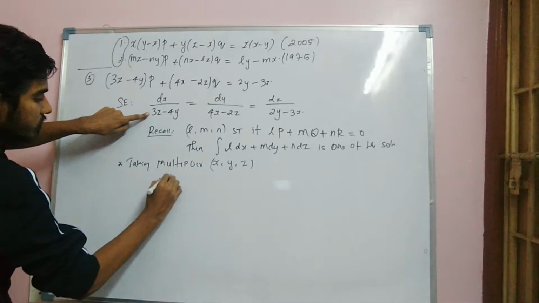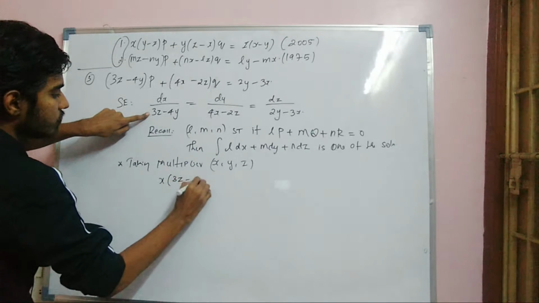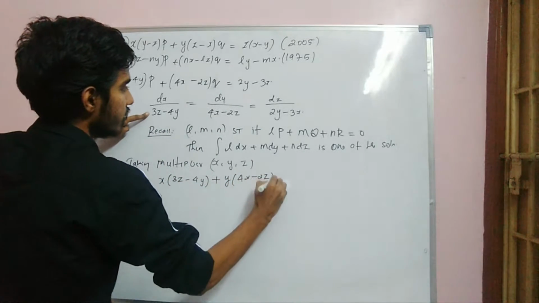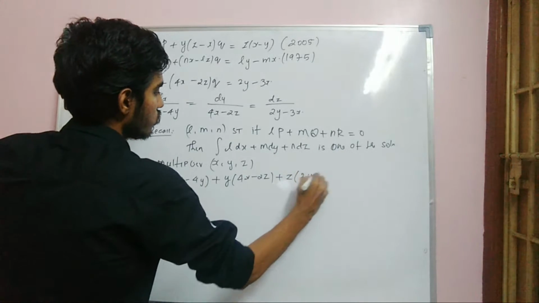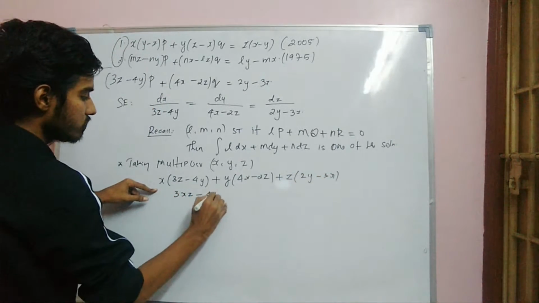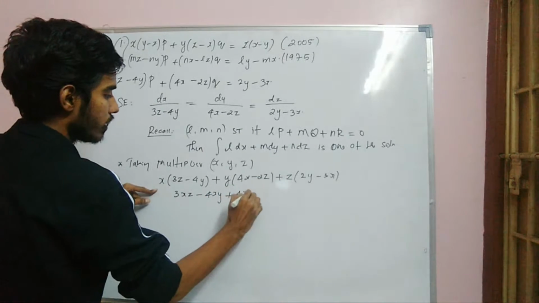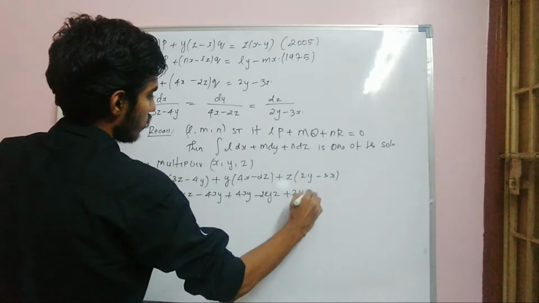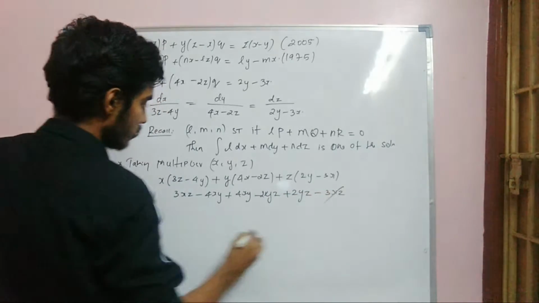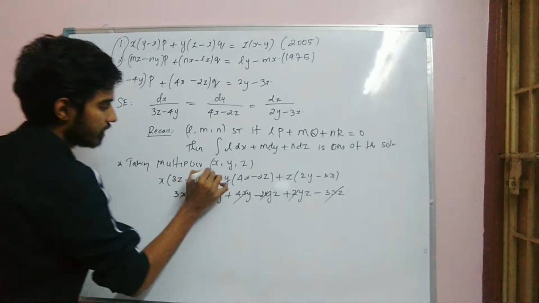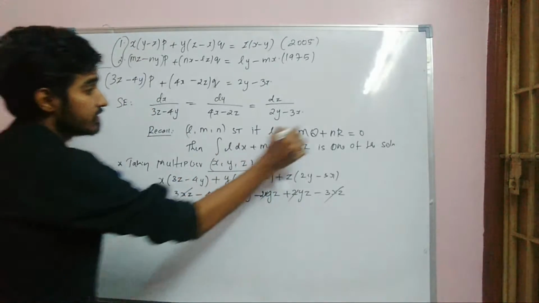Because x into 3z minus 4y plus y into 4x minus 2z plus z into 2y minus 3x gives 3xz minus 4xy plus 4xy minus 2yz plus 2yz minus 3xz. These terms will get cancelled, so if I take this multiplier, this condition is satisfied.